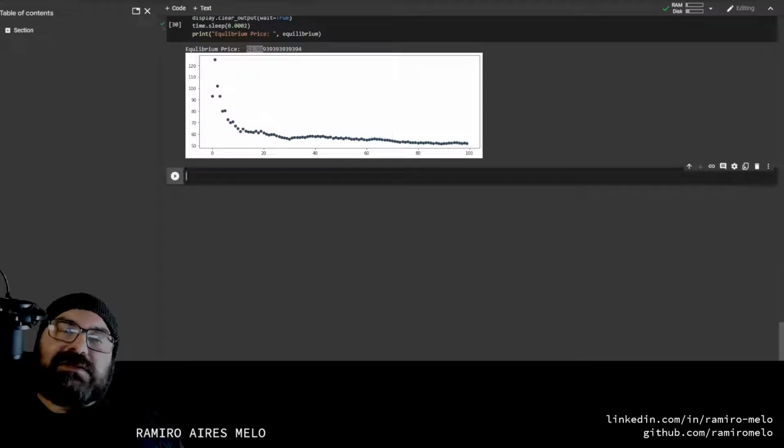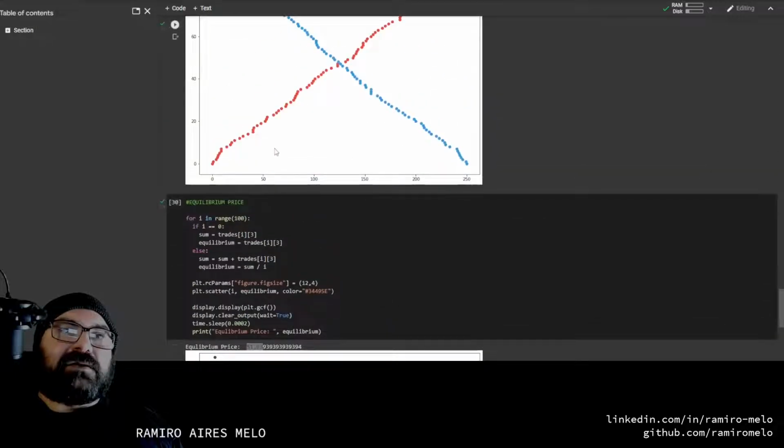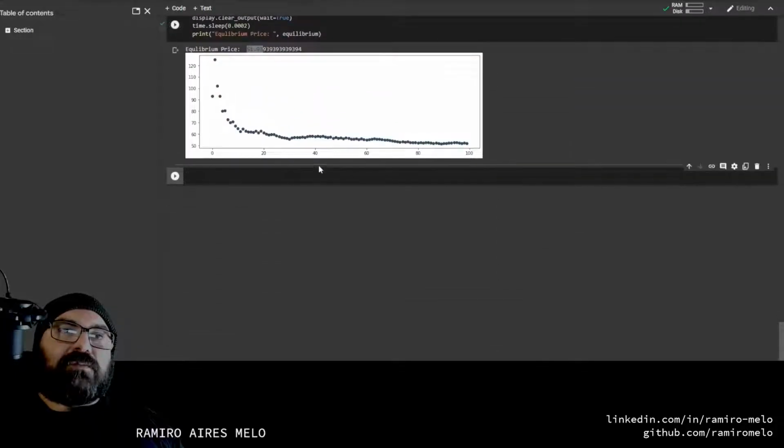Okay, this is the simplest case that you're gonna find in microeconomics. It's a simple supply and demand curve and equilibrium price. But now let's try to do something different here. Let's try to add taxes in this data, which in microeconomics we call externalities.